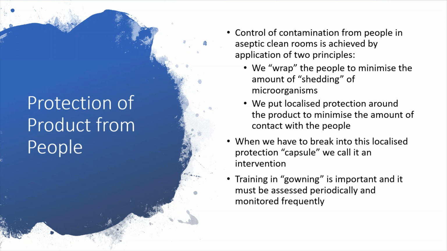And this is typically achieved through cleanroom cascades or with localised unidirectional airflow. And when we break this localised protection capsule, then this is what we will class as an intervention. So good training in gowning is also important, and this needs to be assessed periodically and monitored frequently.